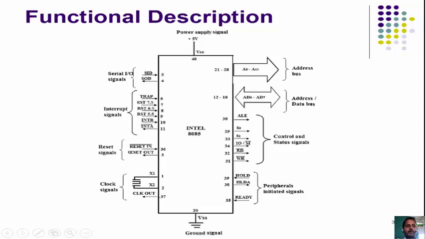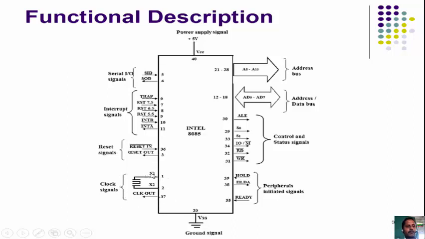At that time the user can use this reset out pin. The reset out pin of the 8085 is connected to the reset in signal of the other IC. So simultaneously the 8085 and the remaining ICs or peripherals get reset. This is the main use of the reset out pin.